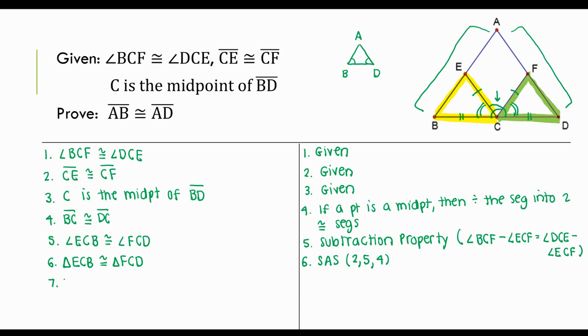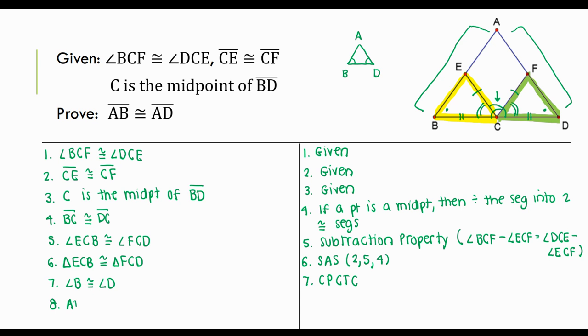So I'm going to say that angle B is congruent to angle D, and this is because corresponding parts of congruent triangles are congruent. Okay, that gives me those 2 angles. And so now that I have those 2 angles, I can prove what I want.